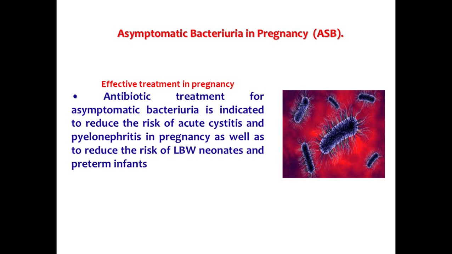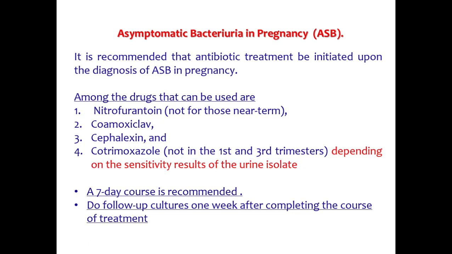Antibiotic treatment for asymptomatic bacteriuria is indicated to reduce the risk of acute cystitis and pyelonephritis in pregnancy, and also to reduce the risk of low birth weight neonates and preterm infants. What are the recommended management protocols for asymptomatic bacteriuria? We will start antibiotics before the result of the culture and sensitivity test.